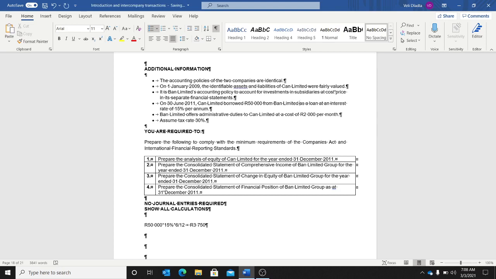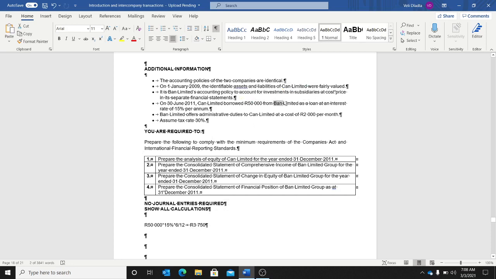It must be specific. Ken Limited borrowed 50,000 from Ben as a loan at an interest rate of 15% per annum. Okay, so we know, right? It should be like that. Now, if that is the case, so Ken is going to pay 3750 as interest to Ben.